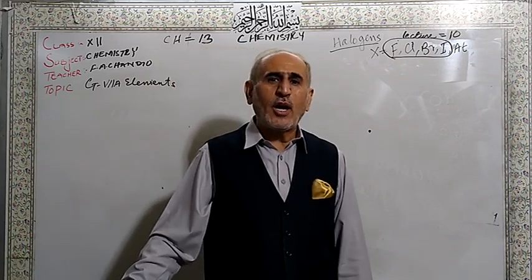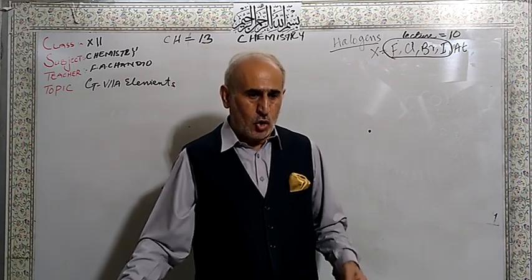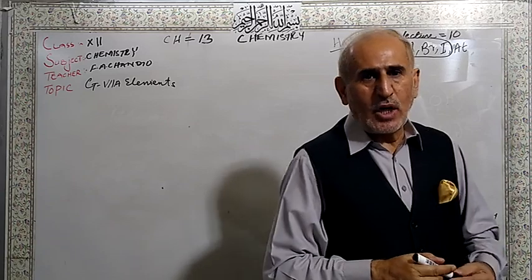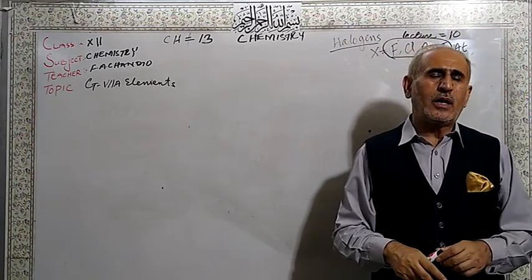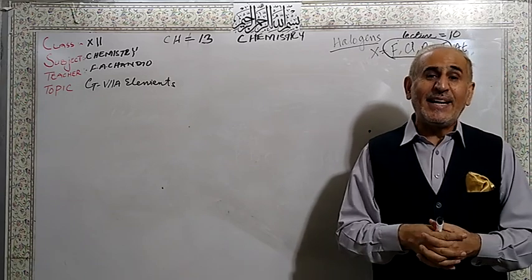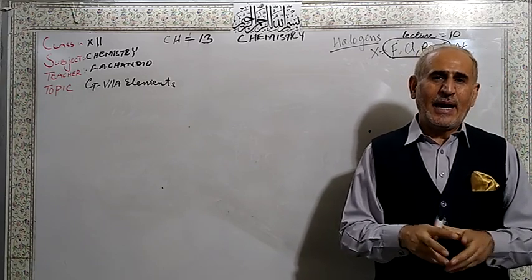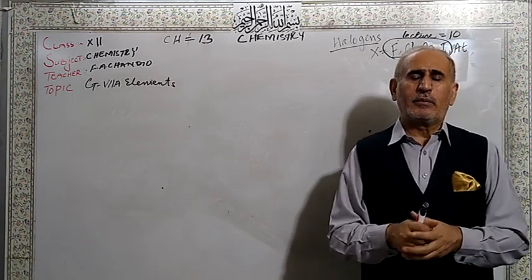Why do we call it halogen? Group 7 elements are called halogens. It is derived from the Greek word halos. Halos means salt former.